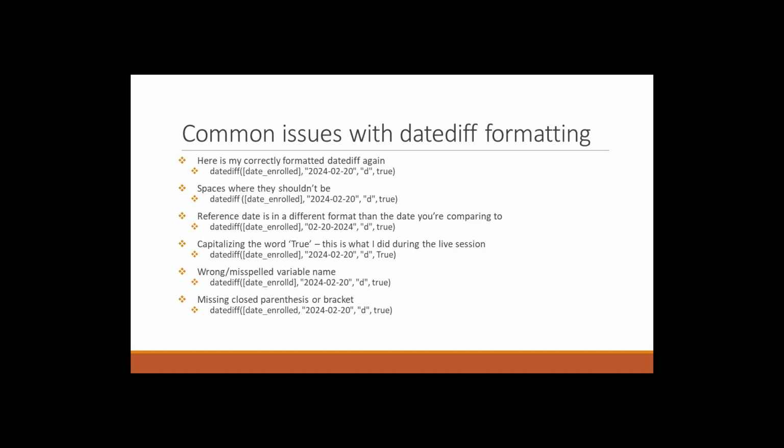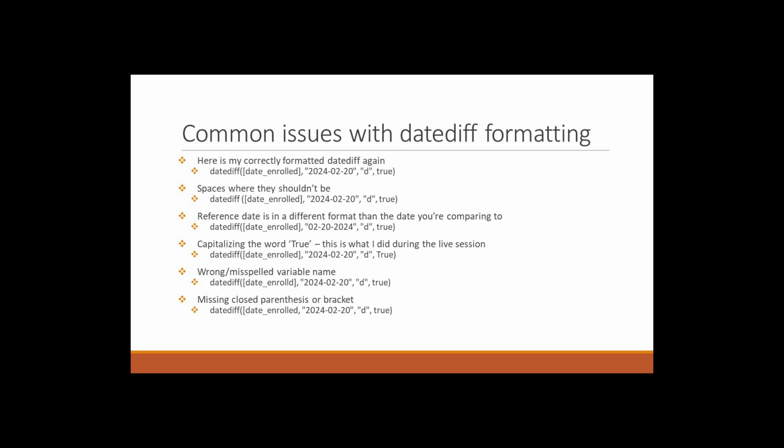So here we have a list of common issues with date diff formatting. Up at the top, I've got my correctly formatted date diff again, and you will see that these all look very similar. But in the first mistake, I've got a space where it shouldn't be. I've got a space between my date diff term and the parentheses. I think that is a mistake that I made in the live session.